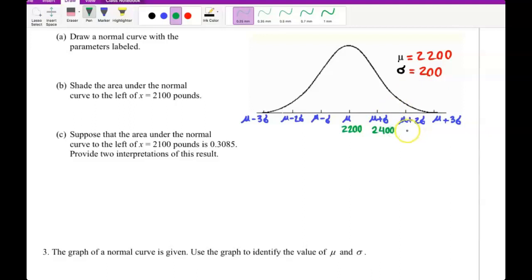And here is 2,600, 2,800, because it's 2,200 plus 3 times 200, which is 600, giving 2,800. Now here is 2,000, 1,800, 1,600.